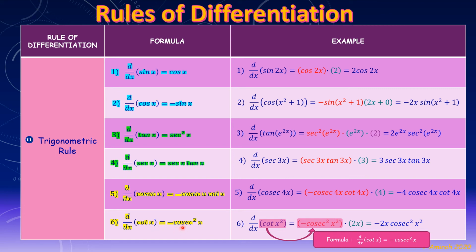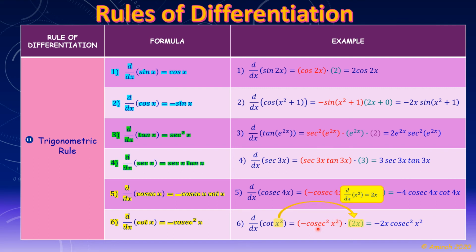So if we differentiate cot x squared, we replace our x by x squared. The answer should be negative cosec squared x squared. Okay, but after that, we need to differentiate x squared. So the answer is 2x. So we must multiply by 2x.